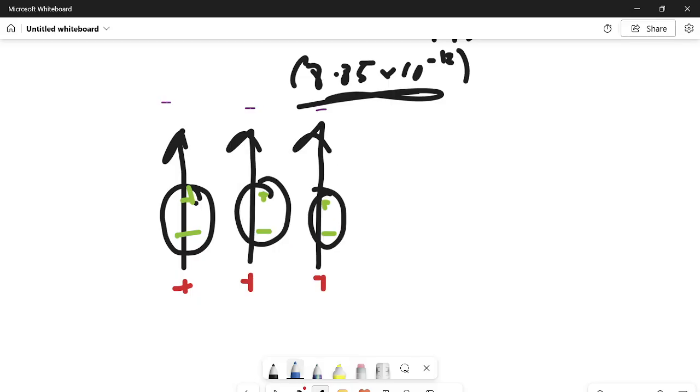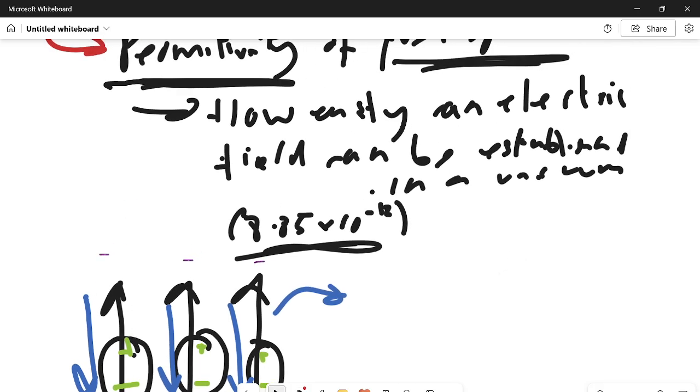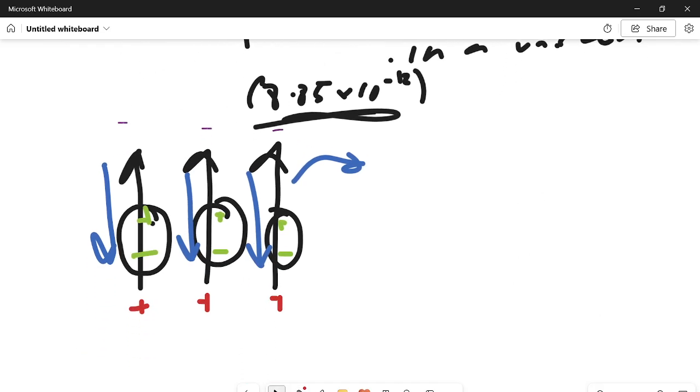But it also means that they form their own electric field in the other direction. And this counteracts the first electric field, so it decreases how much it is. So basically, when we look at permittivity, we said it's how easily an electric field can be established.